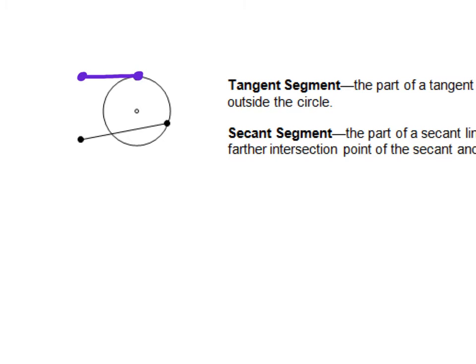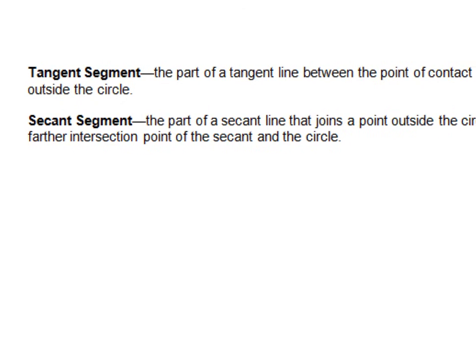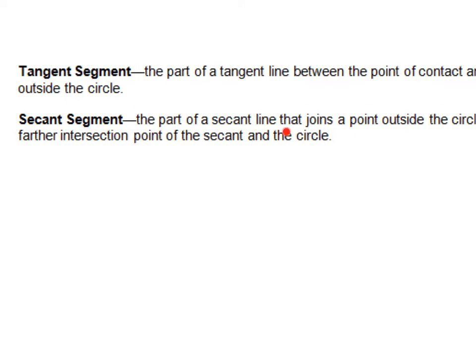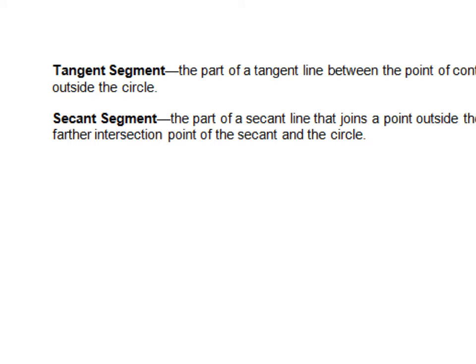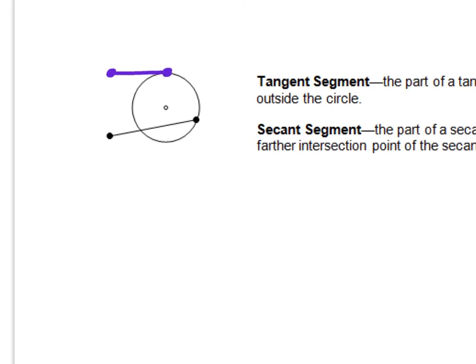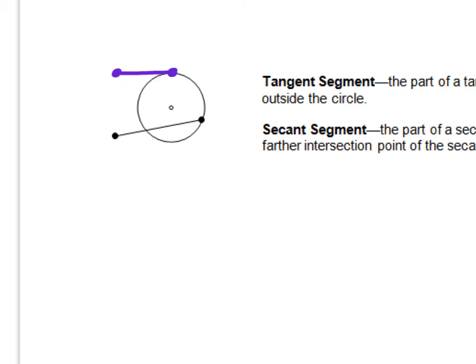Secant segment, same idea, that definition, the part of a secant line that joins a point outside the circle to a farther intersection point of the secant and the circle. So what we have going on here, that sounded really wordy, probably because I didn't read it all at once. So remember a secant, if I were to draw the secant, it would be the line that crosses through the whole thing, and it's just going to continue in both directions.